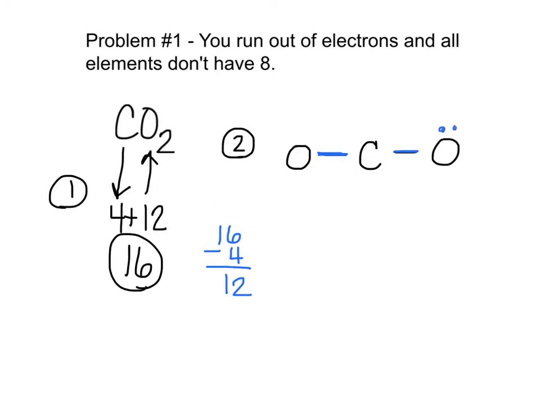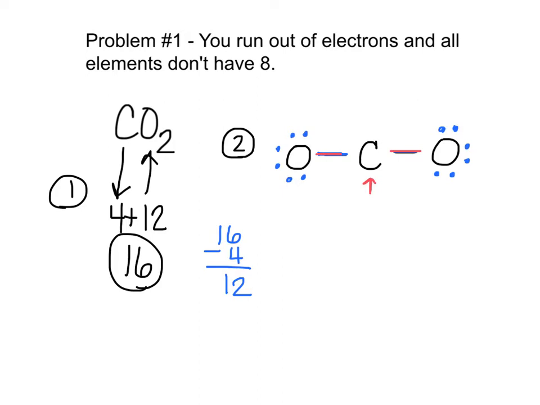So 1, 2, 3, 4, 5, 6, that one's good. I'm going to come back to the other side, 7, 8, 9, 10, 11, 12, and now that one's good, and it kind of looks like we're done, but take a look at our carbon. It does not have 8, it actually only has 4.